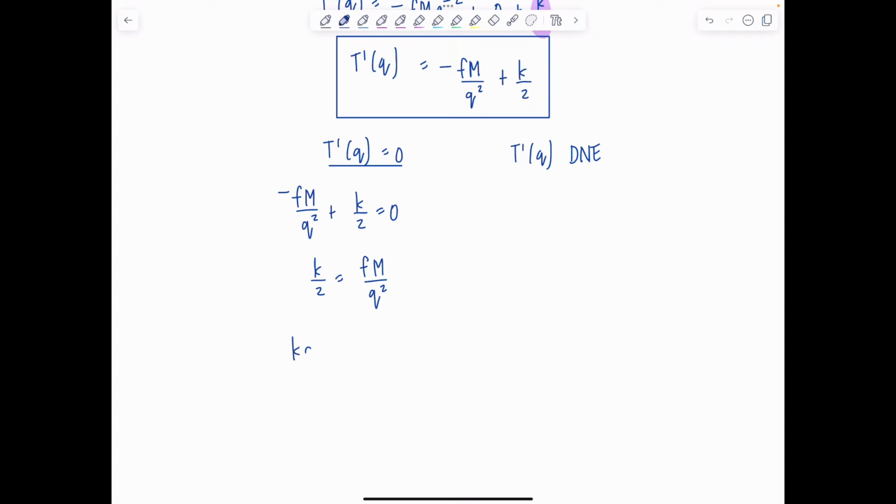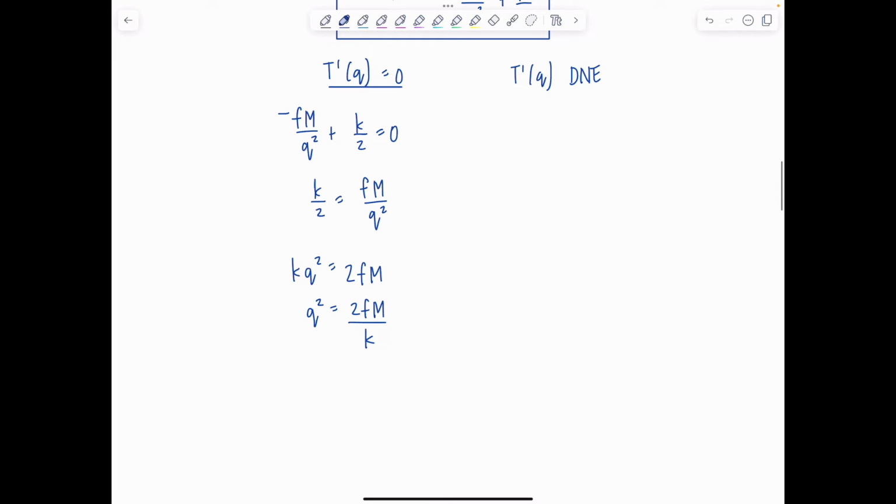So KQ squared equals 2FM. So Q squared is 2FM over K. Technically, Q would be plus or minus the square root of 2FM over K, but Q being negative makes no sense. It's the number of units in each batch. So I'm just going to keep the positive radical, the square root of 2FM over K. Okay. So that's how we can find Q that's going to minimize total cost.